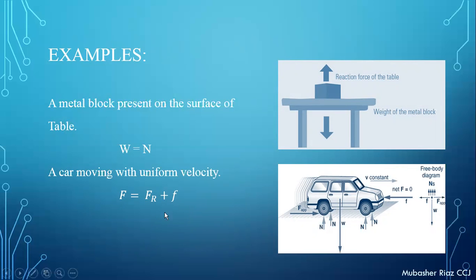If this applied force, also called driving force, is equal in magnitude to the air resistance and frictional force, then the car moves with uniform velocity. So F should be equal to the sum of these forces, which are opposing, retarding forces. Here Fr is air resistance and small f is frictional force.